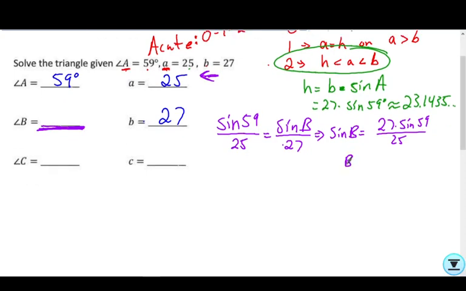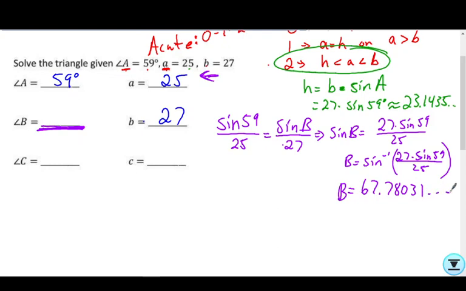And then to find B, you use the inverse. So you plug all this into the inverse, and the calculator gives us 67.78031, blah, blah, blah. So we're going to round to 1 decimal place. So the angle I found is going to be 67.8 degrees.